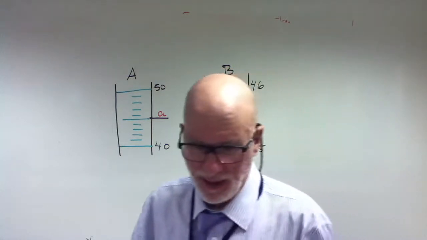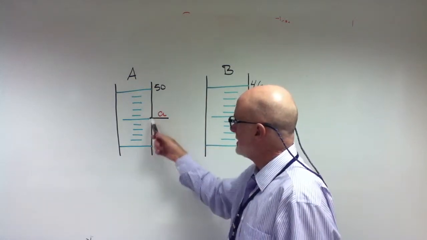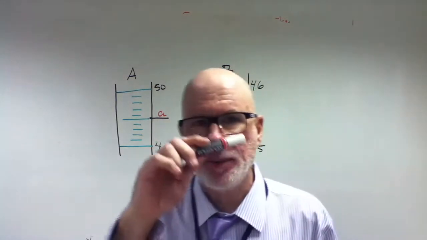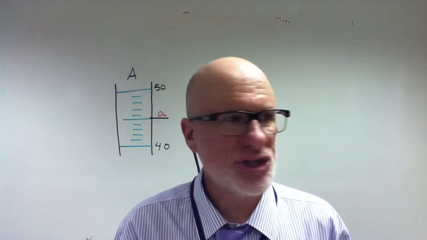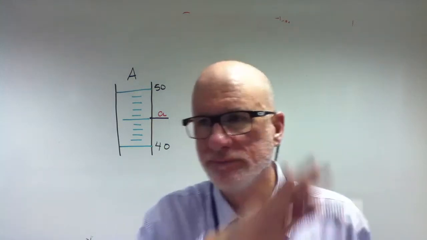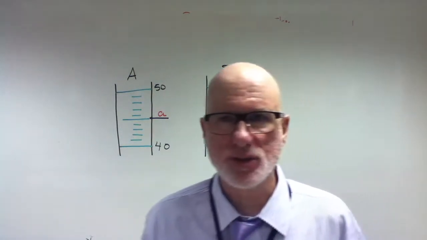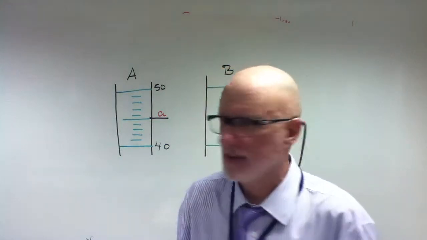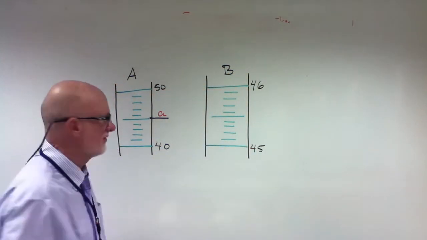Very sweet. Okay, now. So, what is this measurement going to be? You see that it's a little bit above the line, but it may be a little bit too close to call. So we'll say that it's too close to call. Let's just agree on that. So, let's write the precision for this instrument first.